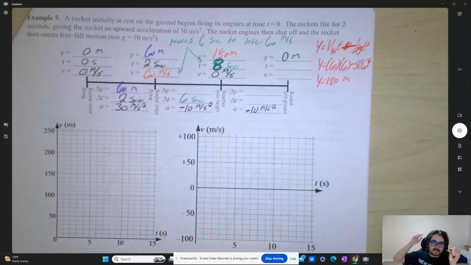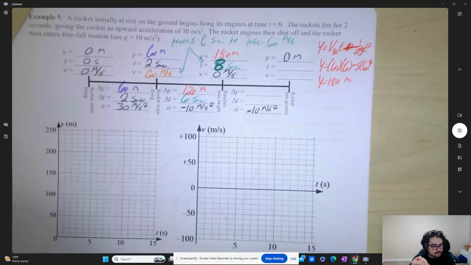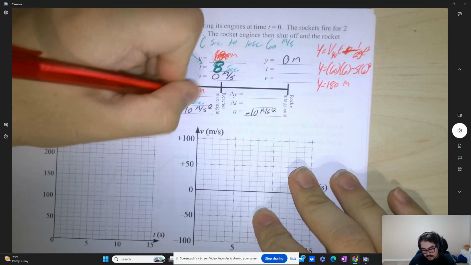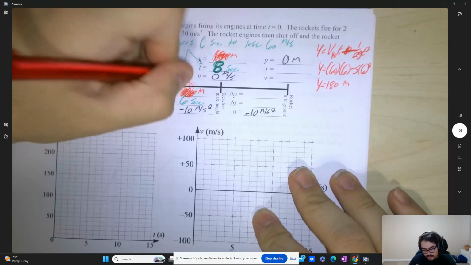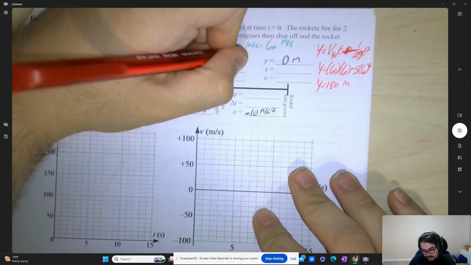So the change from 60 to 180 is 120. Oh, sorry, this should be 240 right here, because we found out the change is 180. 180 is the change. This is 240. Wow, I'm really messing up here.